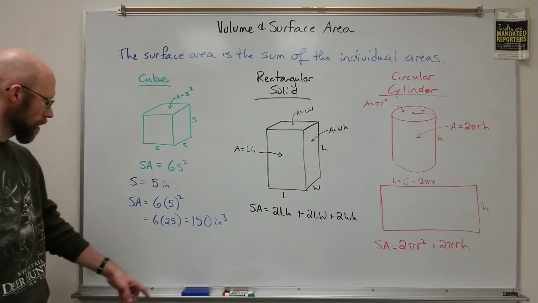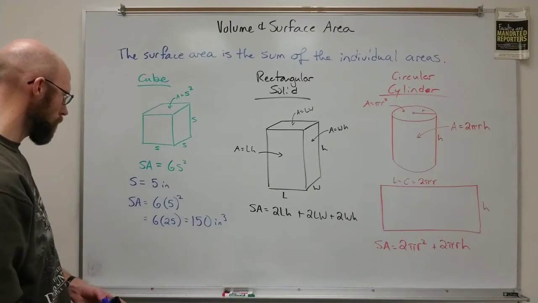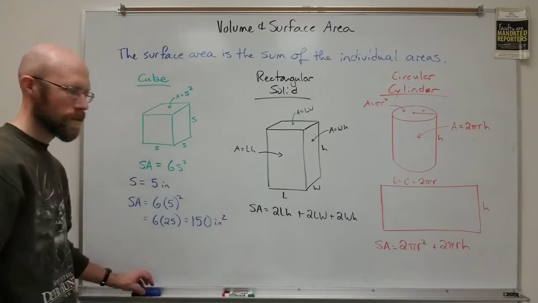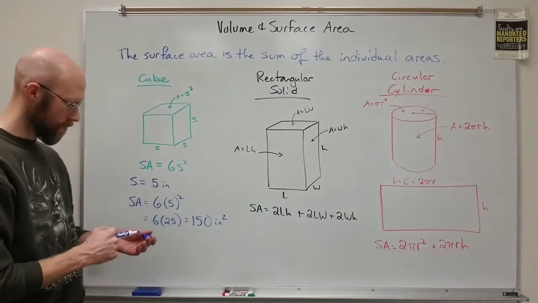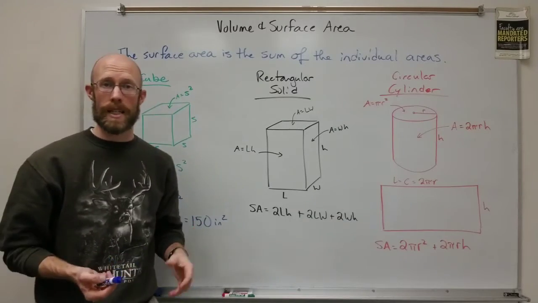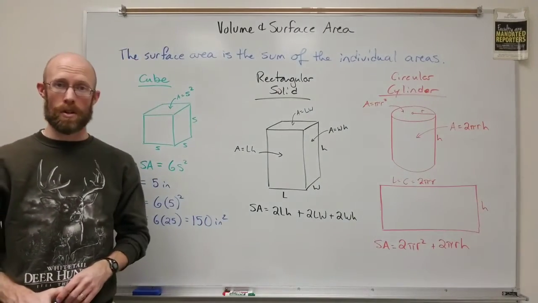Oh, not cubic. What am I doing? Square inches. There we go. So that would be all the surfaces added together, equal to 150 square inches.